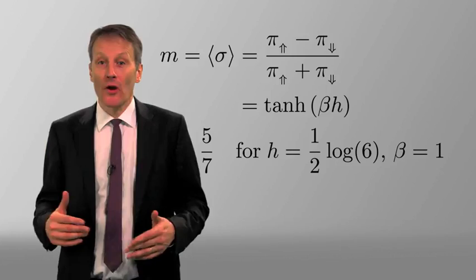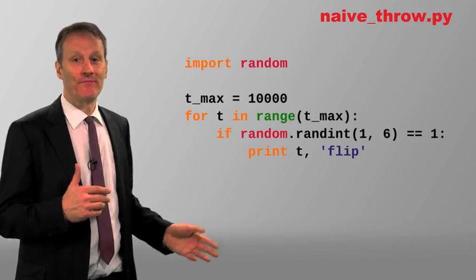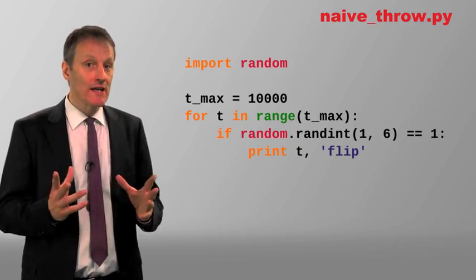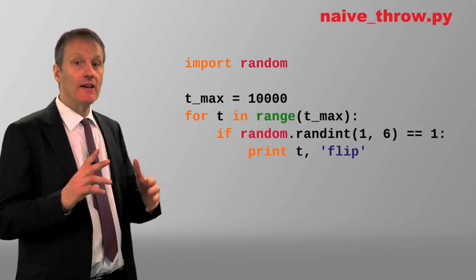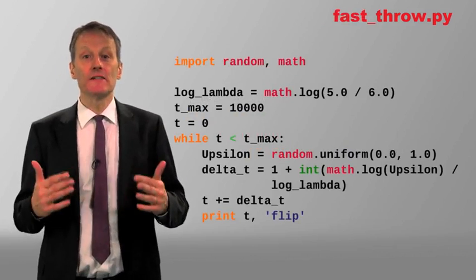So now, before continuing, please take a moment to download, run, and modify the programs we just discussed. So we had the die throwing programs, naivethrow.py and fastthrow.py, that implemented the faster than the clock idea.